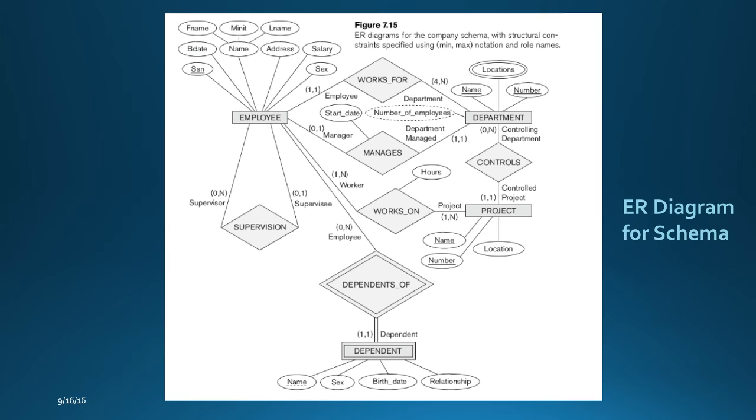The 0 means there's a possibility that none of the employees are managers. And the max number of employees that can be a manager is 1. So if you have an employee that manages a department, they cannot manage another department. They can only manage one department. So that's why for that relationship, managers, they're only going to show up once.